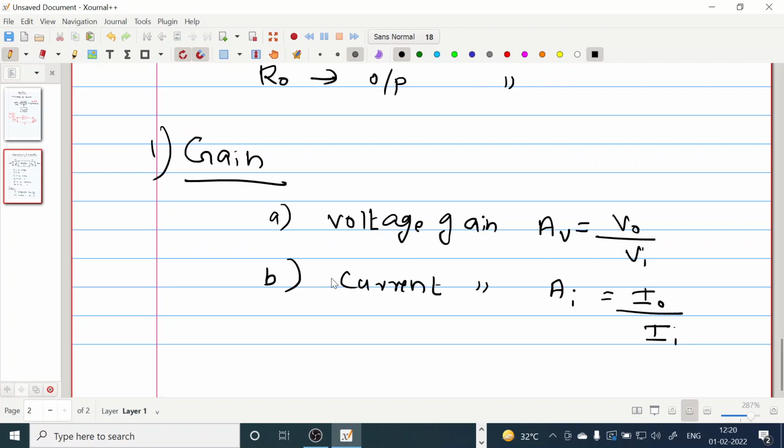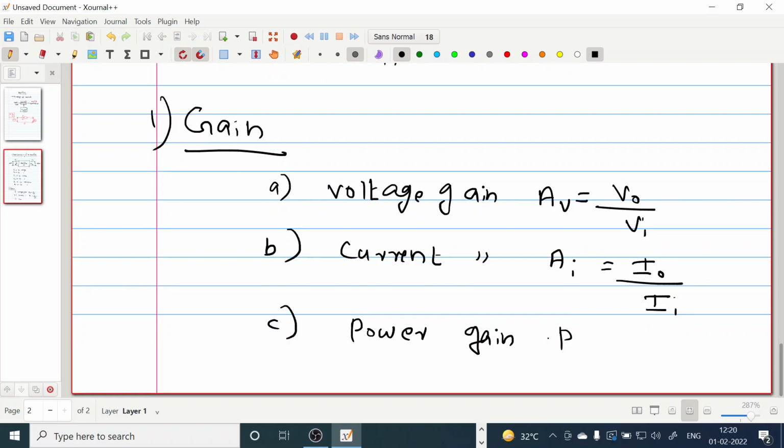And third one is power gain, AP is equal to PO by PI. So this has got no dimension because you are taking a ratio of two similar quantities. So there is no dimension for gain.